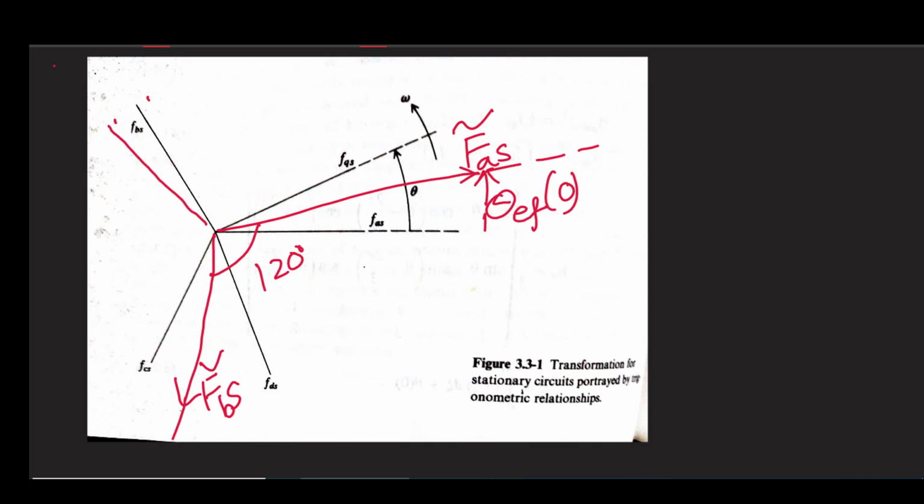For balanced operation, the phasors are equal in magnitude and exactly 120 degrees apart from each other.